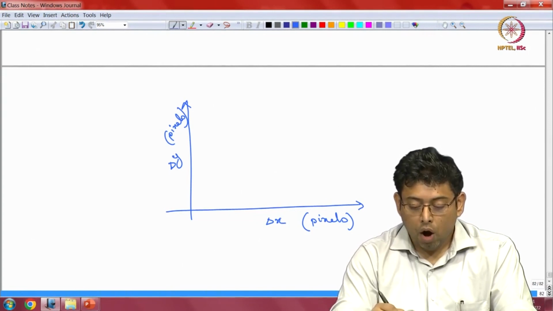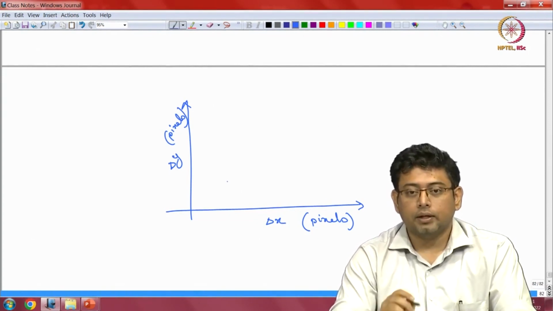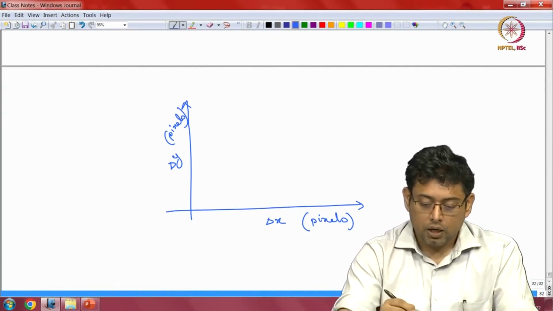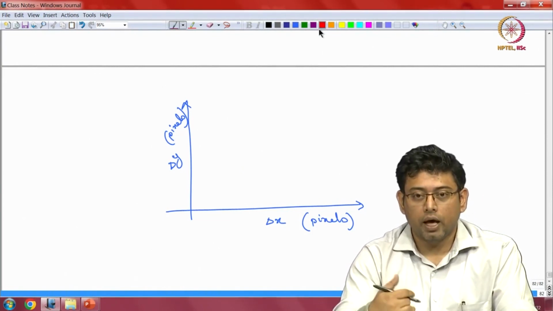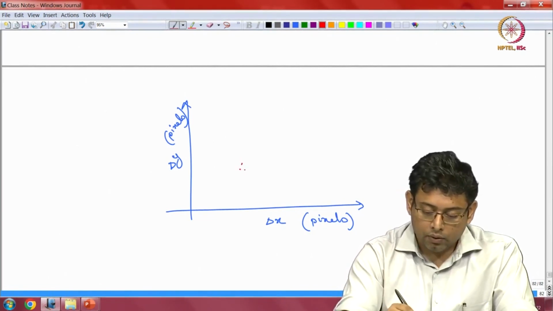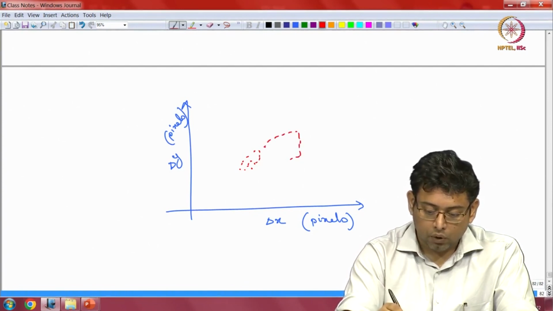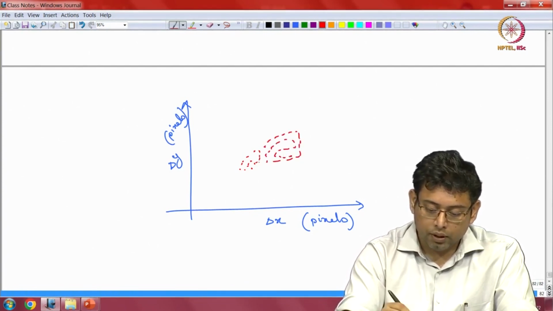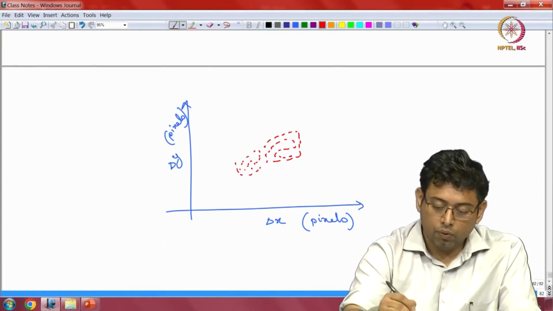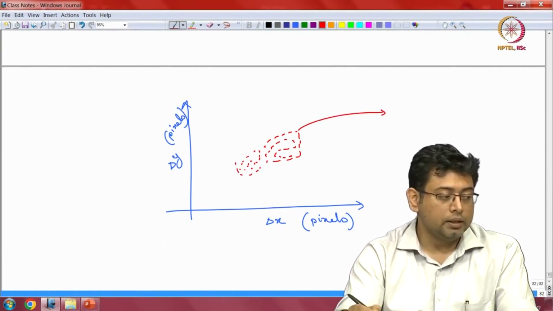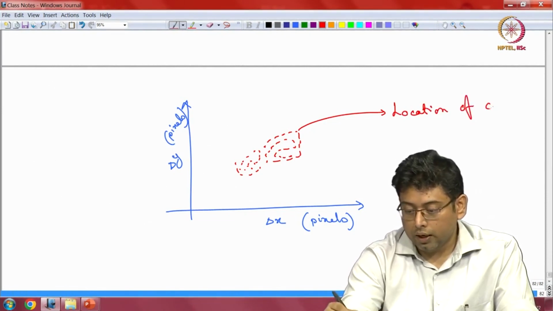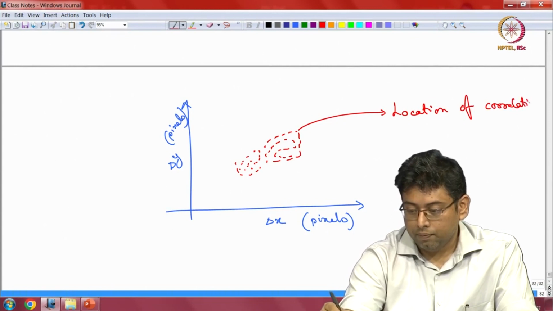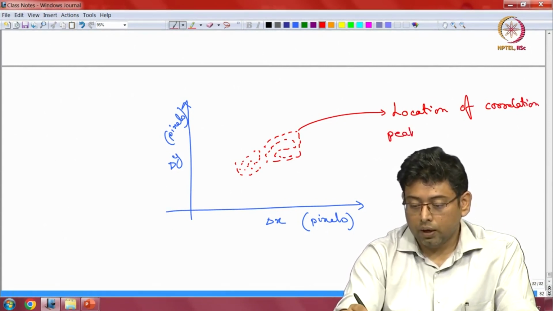So you plot all the delta x's and the delta y's that you have gotten in the correlation peaks. I'm just going to draw an imaginary situation where let's say the points have occurred something like this. So all the points are distributed something like this. And I just wanted to clarify, each of these is the location of a correlation peak in the correlation plane.